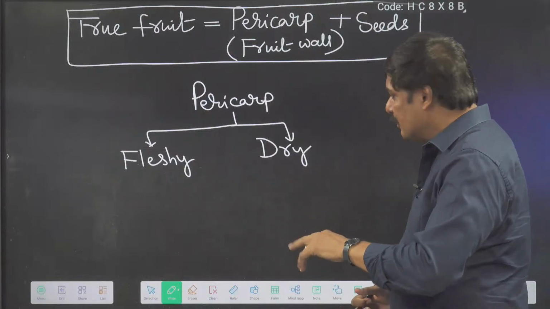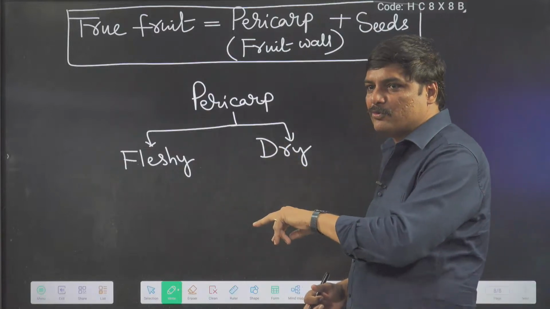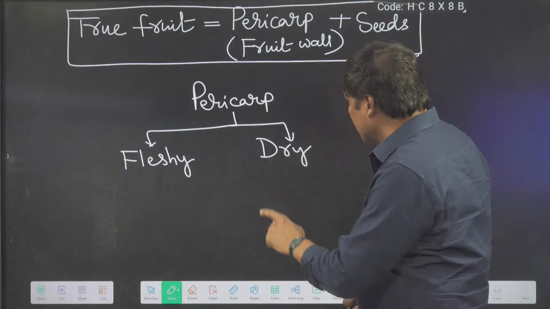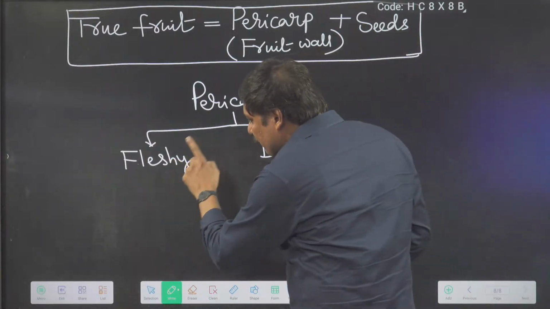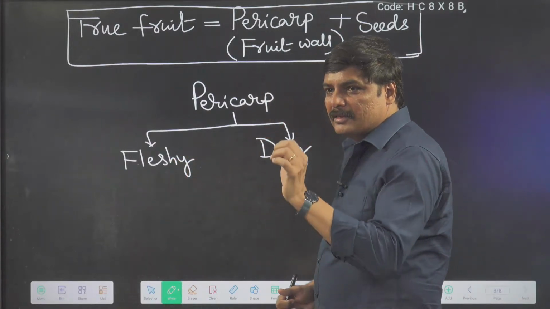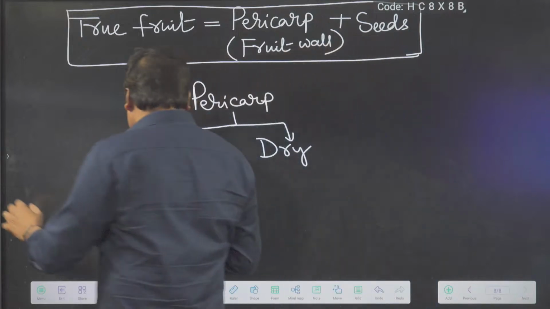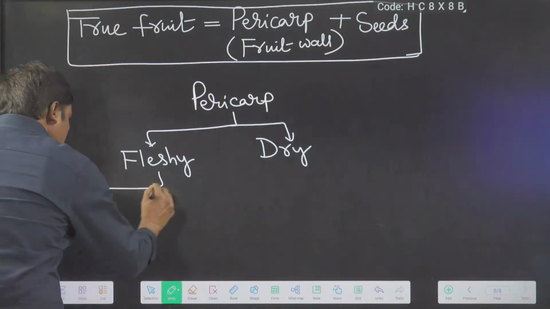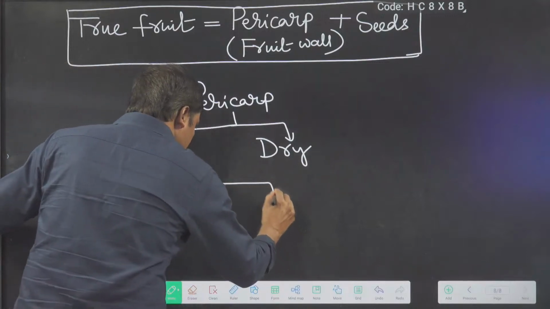Depending on that, there are two types of fruits: fleshy fruits, dry fruits. Now, if the pericarp is fleshy, the pericarp is differentiated into three parts, three layers, otherwise you can say.